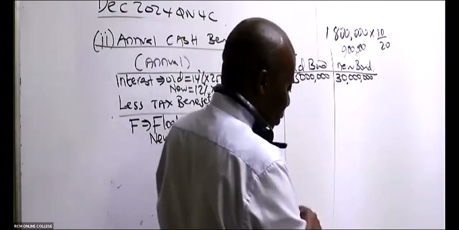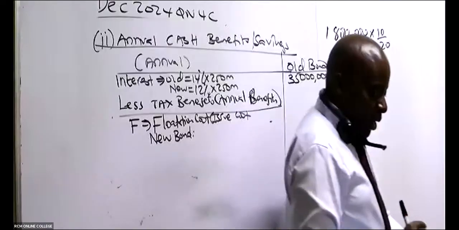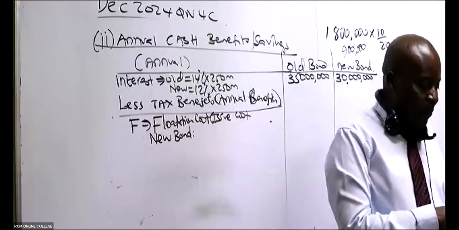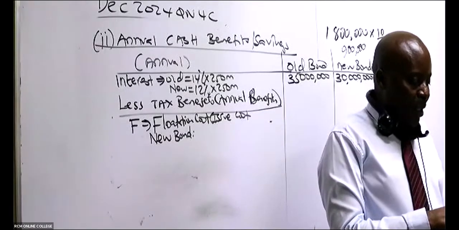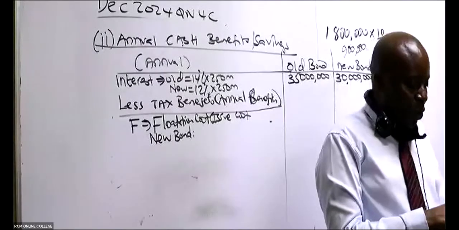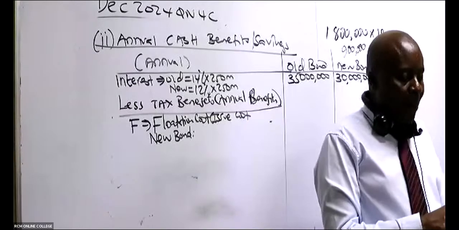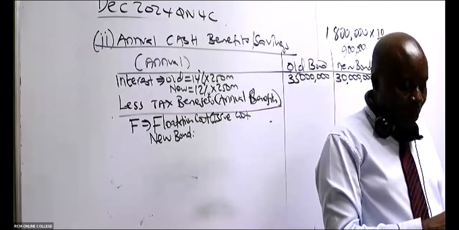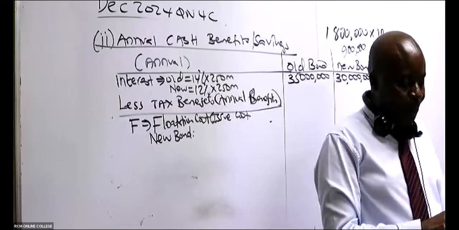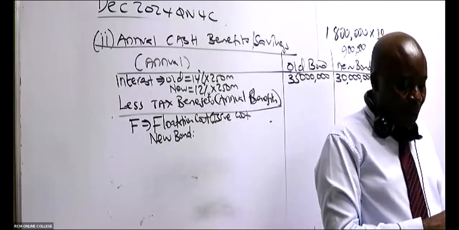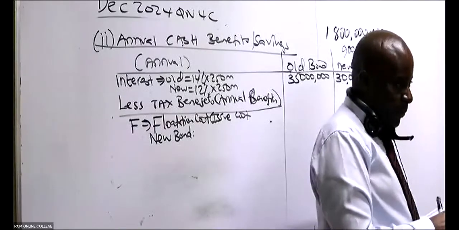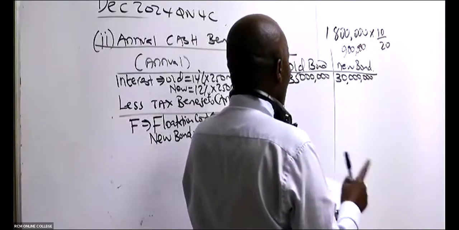Here is where we are not agreeing now. The old one, the issue cost. You can see we are told up there, sentence number 2, that ABA Limited still has in its books issue costs amounting to 900,000, being half the total amount originally capitalized. Being half, so there are two ways.